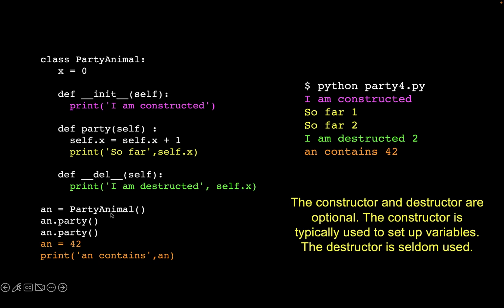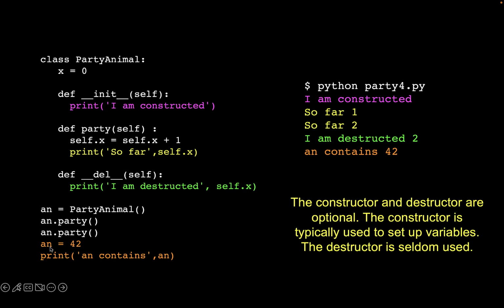So we construct a party animal. We put the references in AN. We call party. We call party. Now the next thing that we do is that we assign a 42 to AN. Okay. So AN has taken on a new value. Okay.